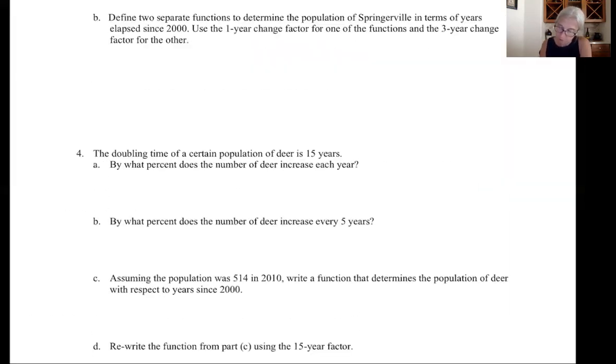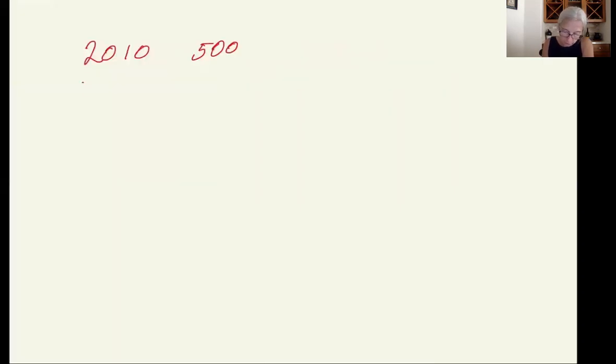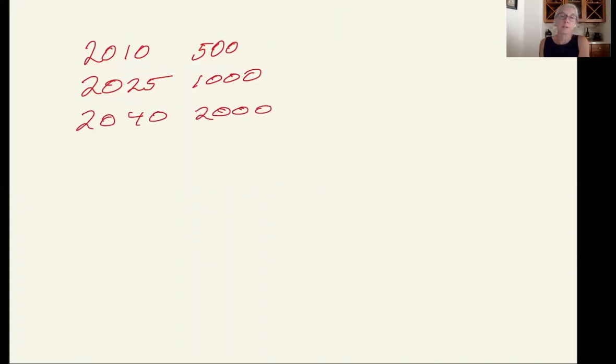We could say that if in 2010 there were 500 deer in the woods, then since the doubling time is every 15 years, in 2025 we would have 1,000 deer. 15 years later, in 2040, we would have 2,000 deer.